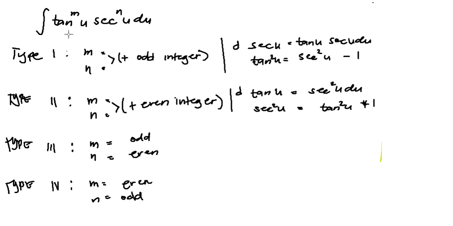For example, tangent is raised to 3 as well as the secant is raised to 3. So they are both odd. This time, let's have another example regarding type 2, which is when n is a positive even integer.